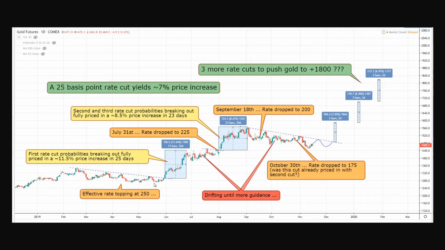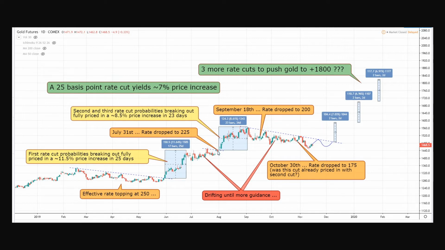So we're not making a lower low here. And after that break, bam, we break right here with that breakout on the rate probabilities, which went from 20 to 60%. Gold breaks out right here. 25 days, 11.5% increase in the price of gold. Sideways drift. Here's a rate drop that was being priced in.